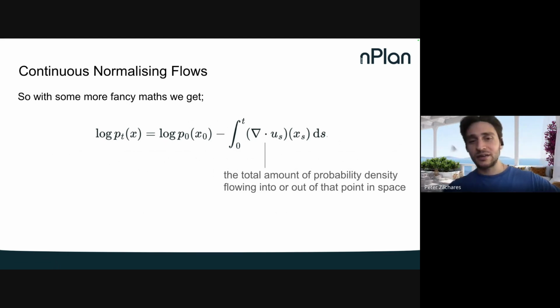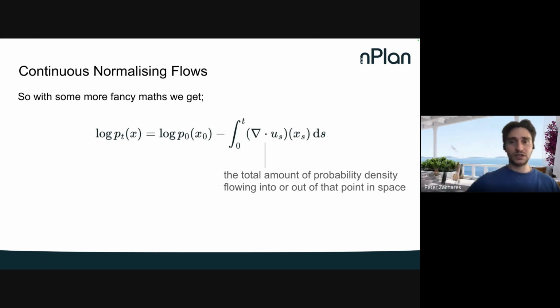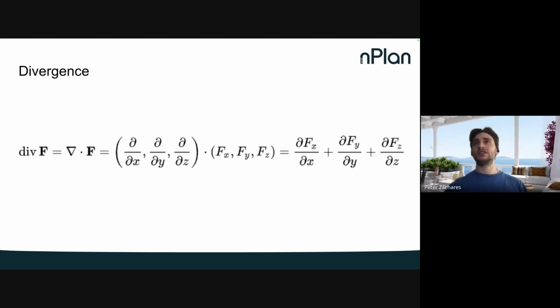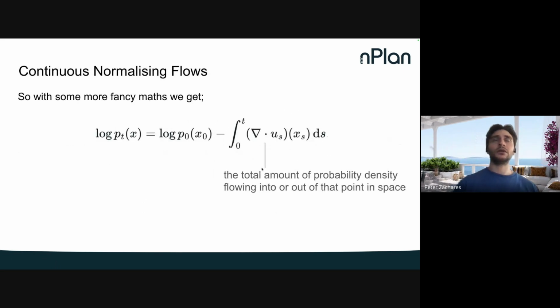So I think that's a good point, that this is the equivalent of calculating the determinant of the Jacobian in this continuous case. Yeah, actually that makes a lot of sense, because this would be like the trace of the Jacobian, right? Which is similar to the determinant.